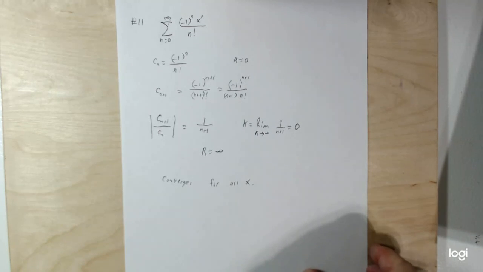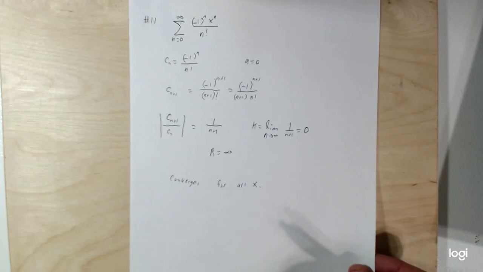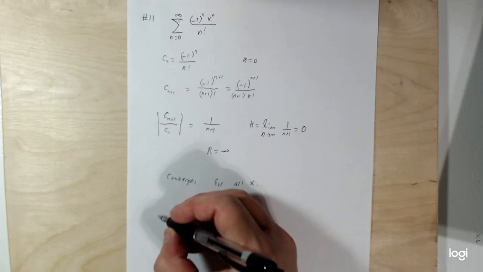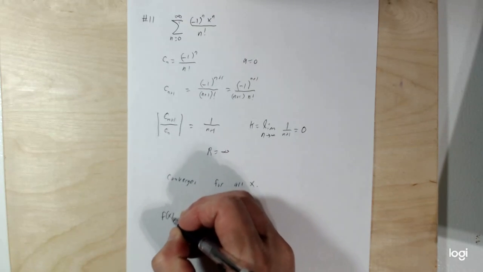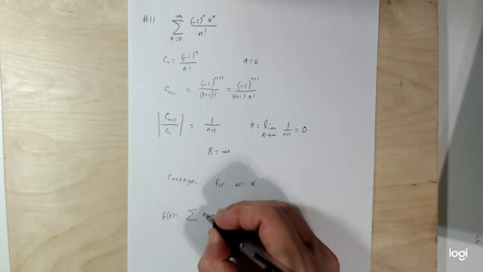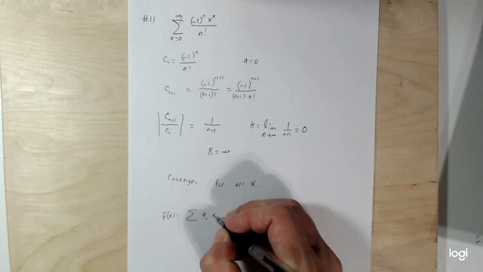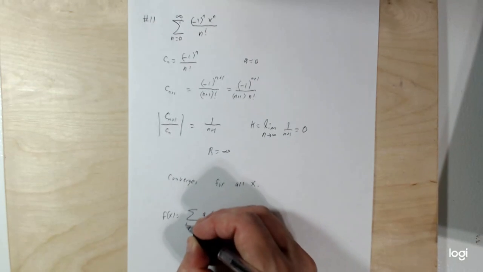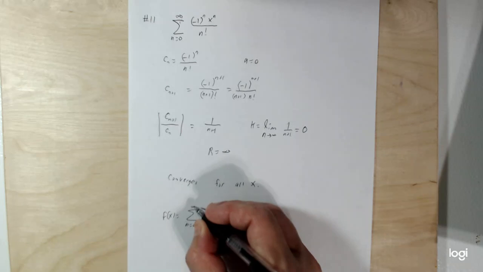Okay, so what we want to do next time is address the problem of if we want to have f of x to be the sum of a sub n times x minus a to the n, n equals 0 to infinity.